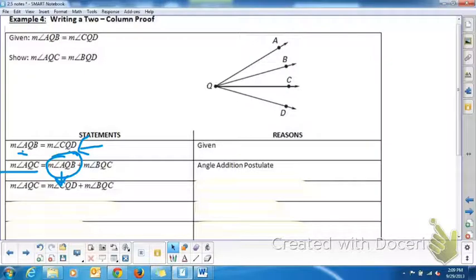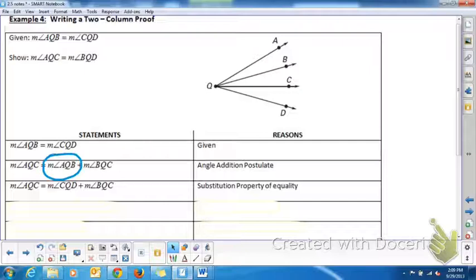We took out AQB and put CQD in its place. We used the substitution property of equality here. In step 2, we had AQB plus BQC equals AQC. From 2 to 3, we took that out and put CQD in its place because in step 1, we said they were equal.